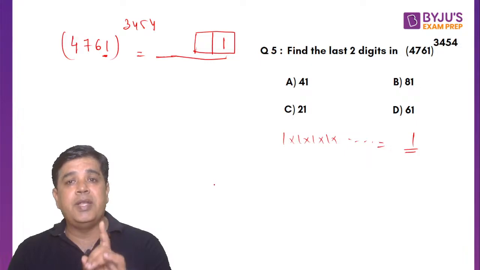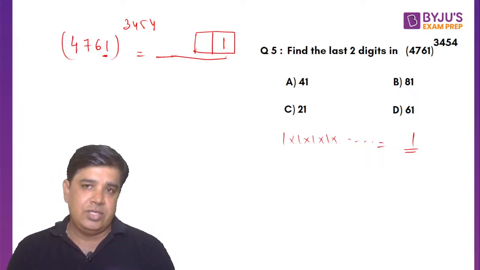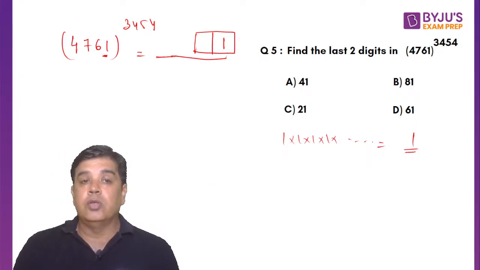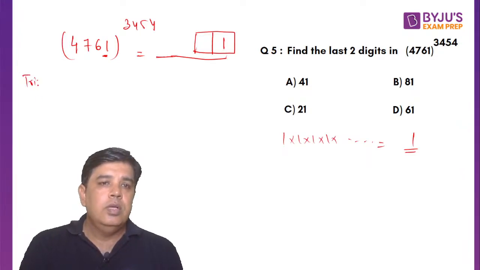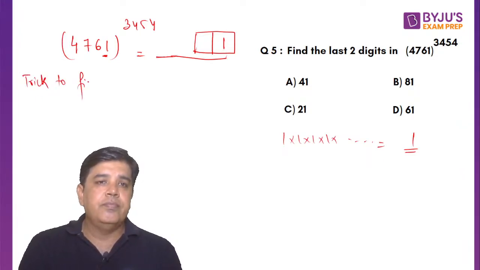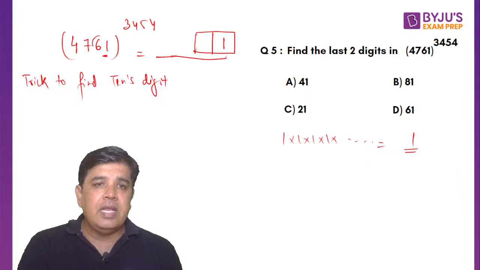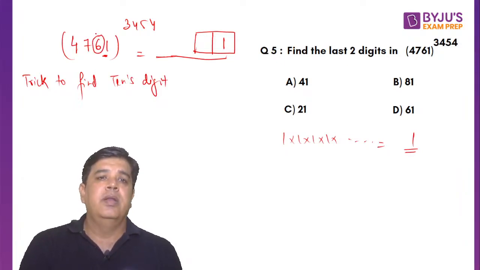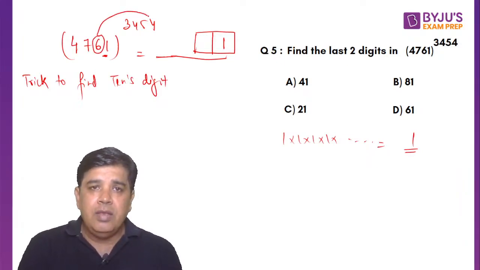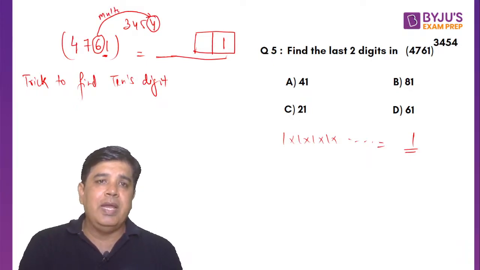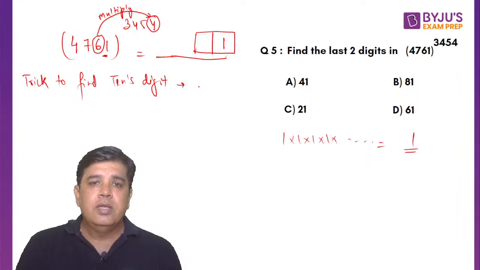Now the point is to find the second last digit, the tens digit. Now see the trick. Trick to find the tens digit, meaning the second last digit: pick the second last digit of the number, multiply it with the last digit of the power. What do you get? 6 into 4. What is 6 into 4? 24.